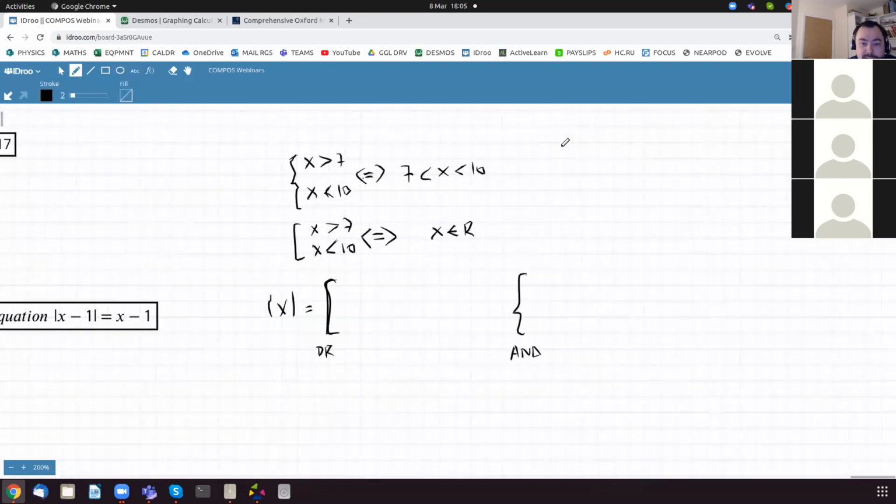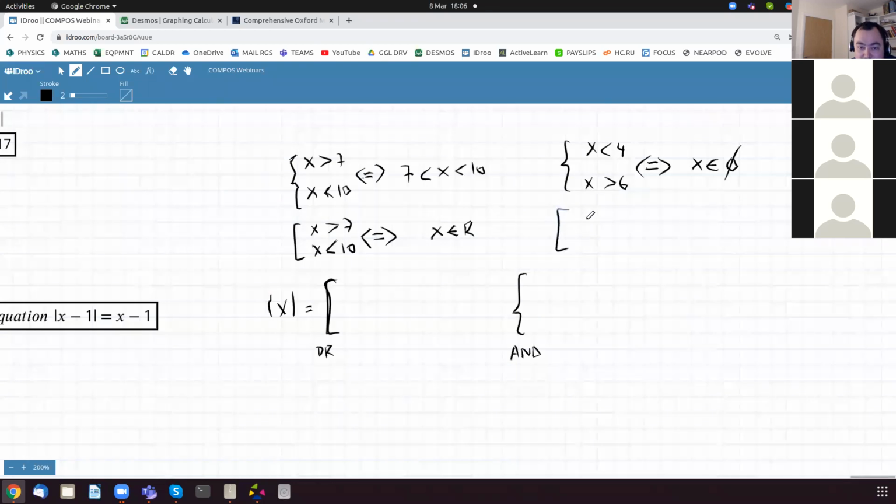So I'll do another example. If you write x is less than 4 and x is greater than 6, this is impossible. It's not possible for a number to be less than 4 and greater than 6 at the same time. So this is equivalent to saying x belongs to an empty set. There are no numbers that satisfy this.